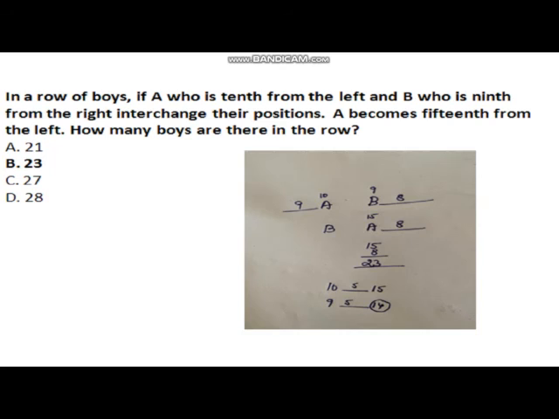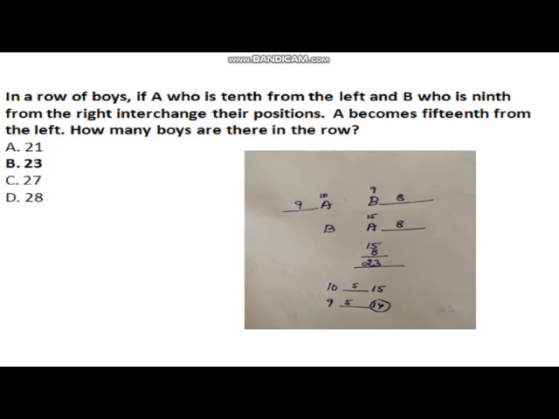But our question is to find the total number of boys. So considering A's position alone, 10 to 15, we have 15 plus 8, because we know after B there are 8 persons. So 15 plus 8, which is 23, is the right answer.